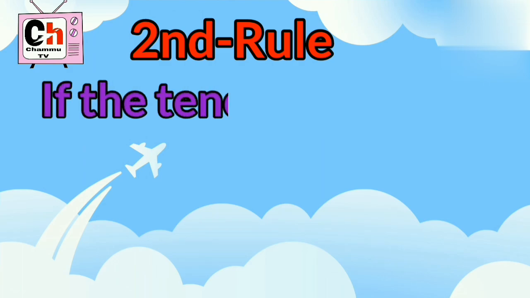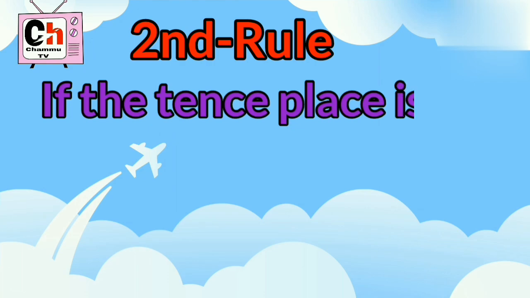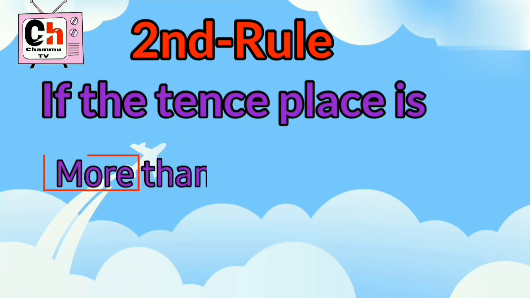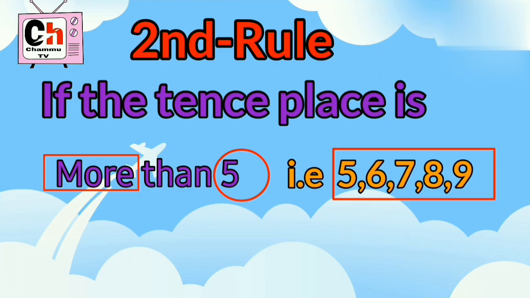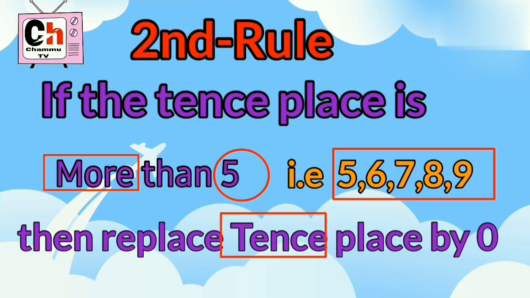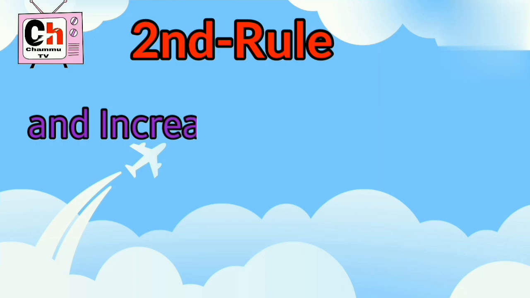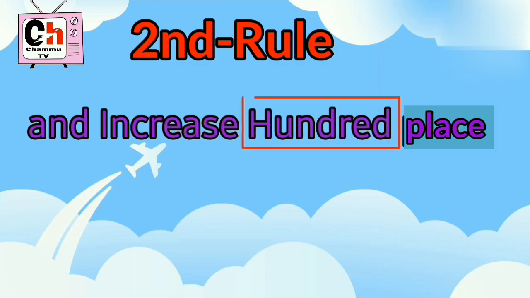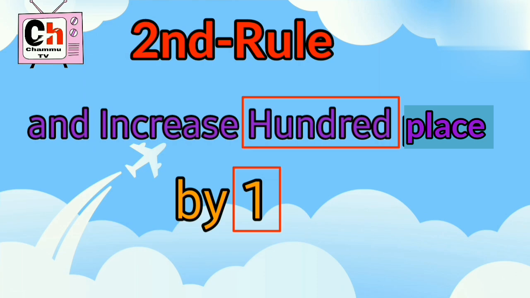Second rule. If the tens place is 5 or more, that is 5, 6, 7, 8, 9, then replace the tens place by 0 and increase the 100 place by 1.